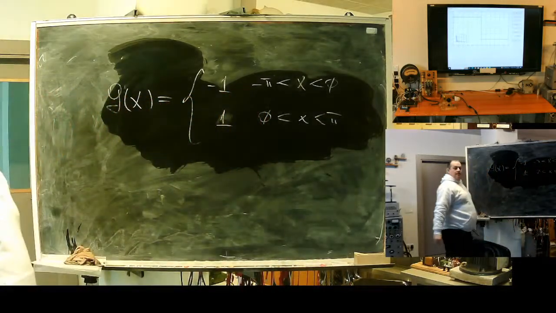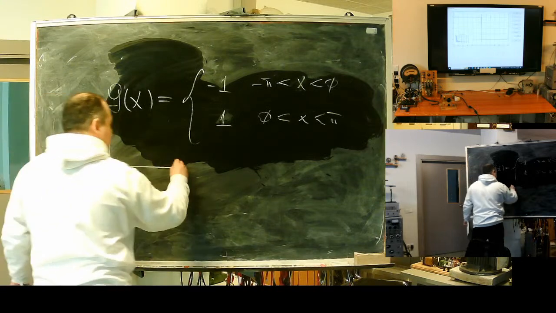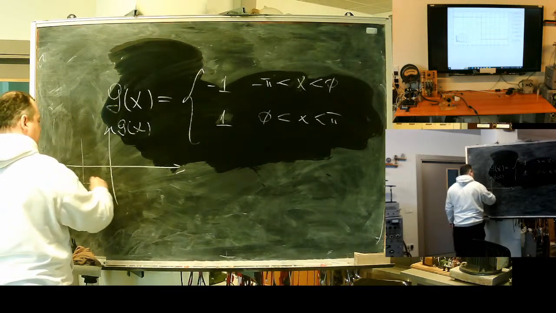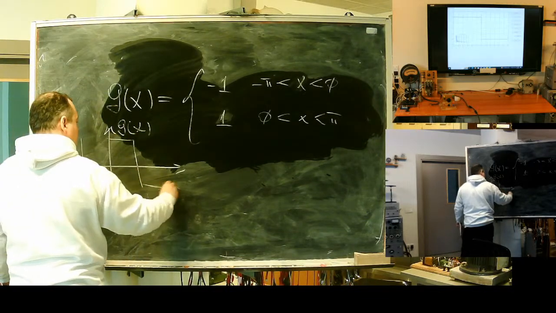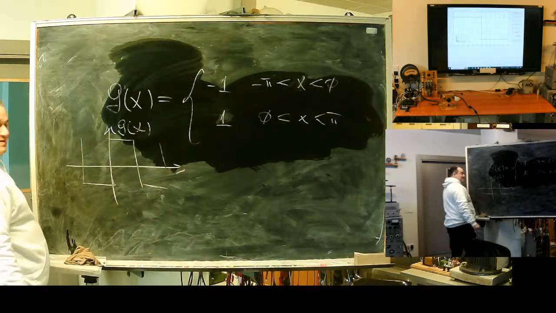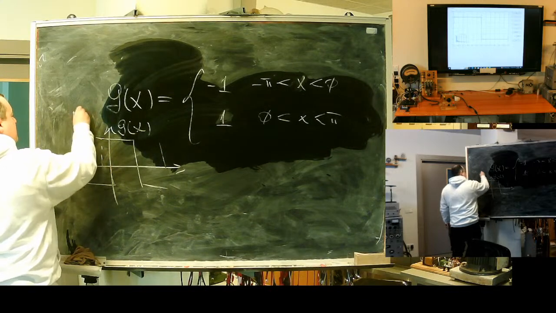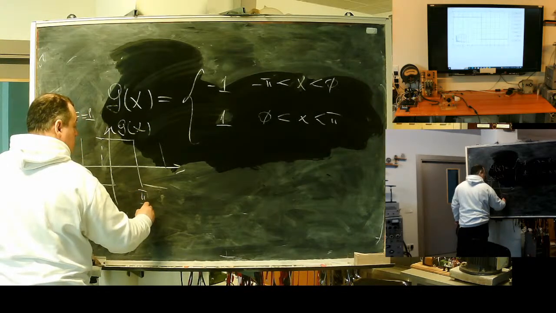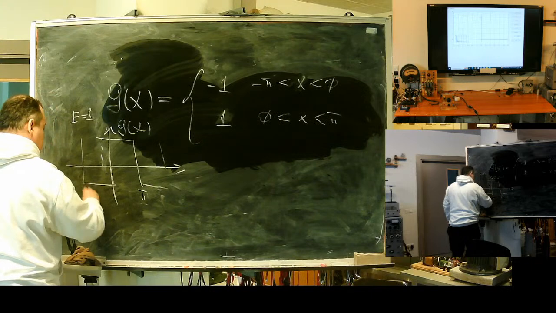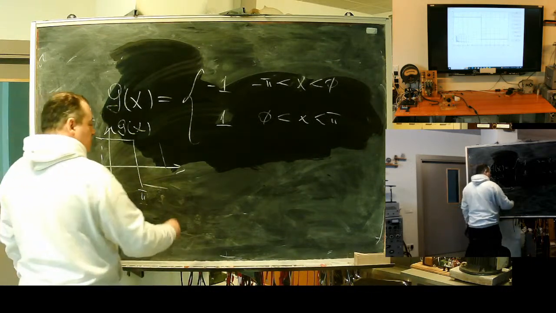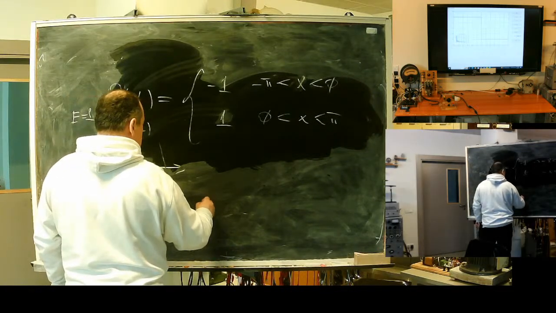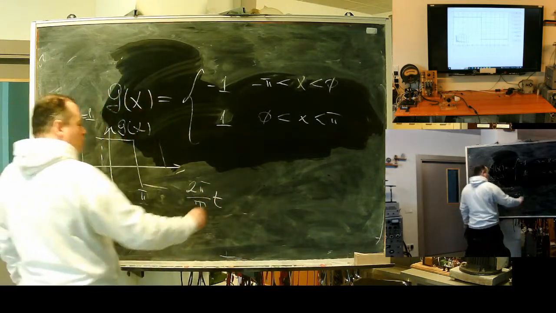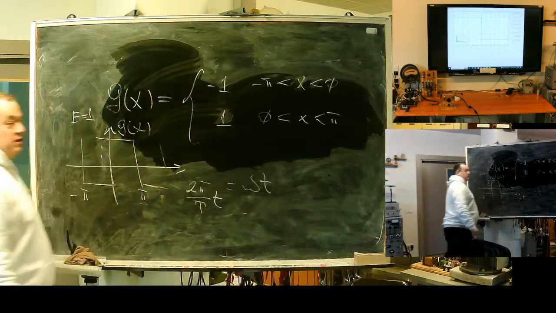Something familiar? It's our rectangular function with E1, but drawn not from time but from omega t, drawn in radians.